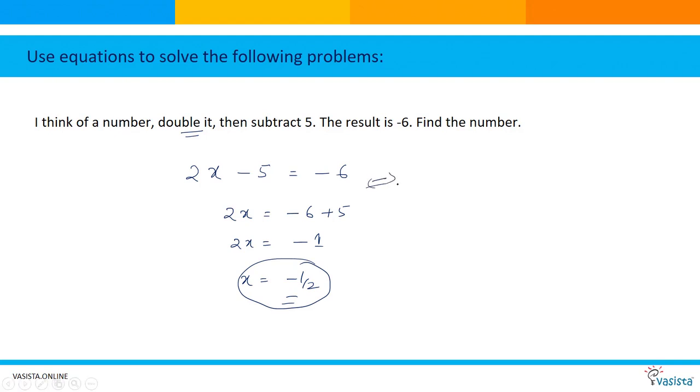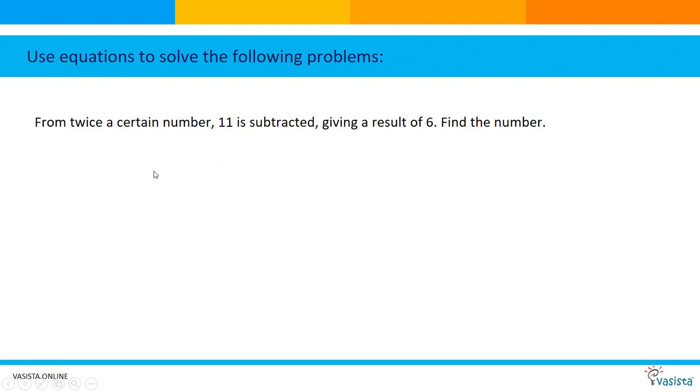Right. Let us go with the second example here. One more. From twice a certain number, let the number be x, from twice a certain number, 11 is subtracted, given the result is 6. Find the number.